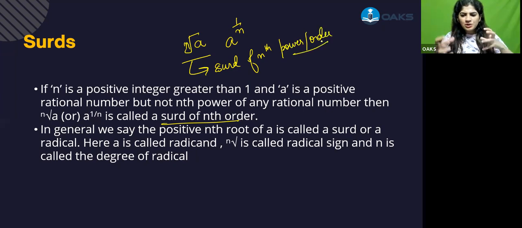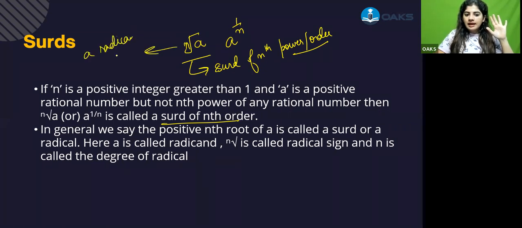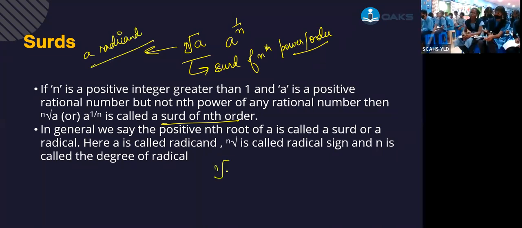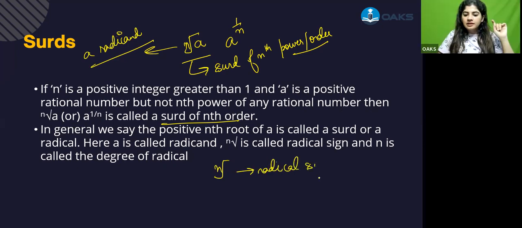So some questions which are based on the definition, you will have to answer. This is the definition we'll be using. Now let's see. A is known as radicand. And this is the symbol of radical sign. And what is n?